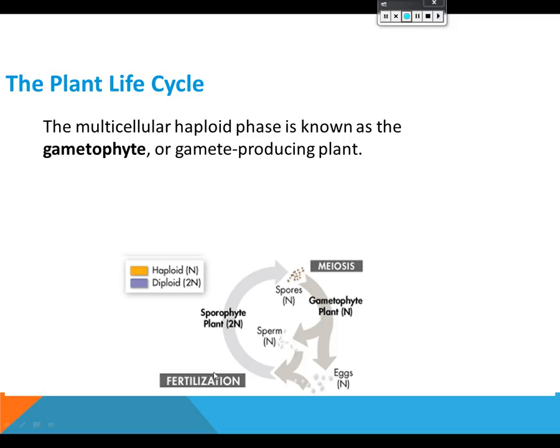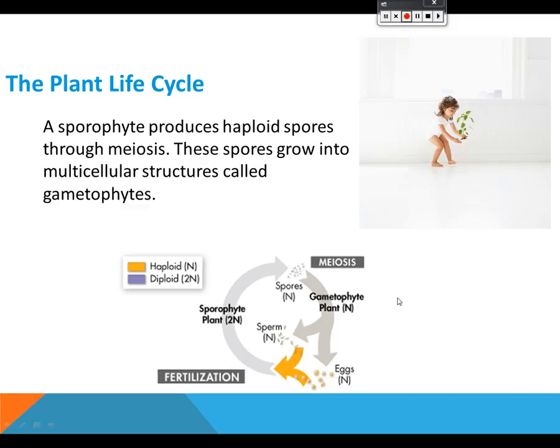The plant then goes through fertilization under the right conditions, and then the copy that comes out is going to have both sets of chromosomes in the cell, and so therefore it's going to be what? It's going to be the sporophyte, the diploid phase in a plant.